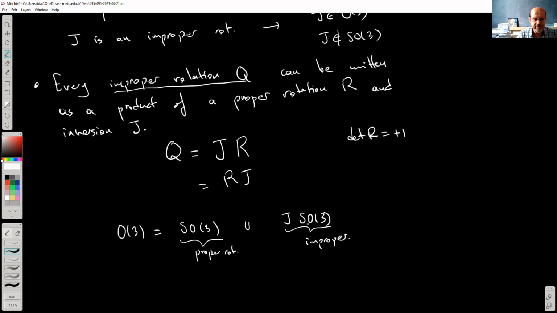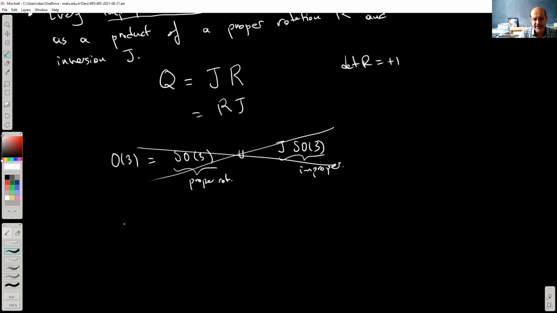But the important point in here is that J commutes with these elements, so the order is not important. Therefore, O3 can be written as the direct product of this group, which is basically a 2-element group, with SO3.